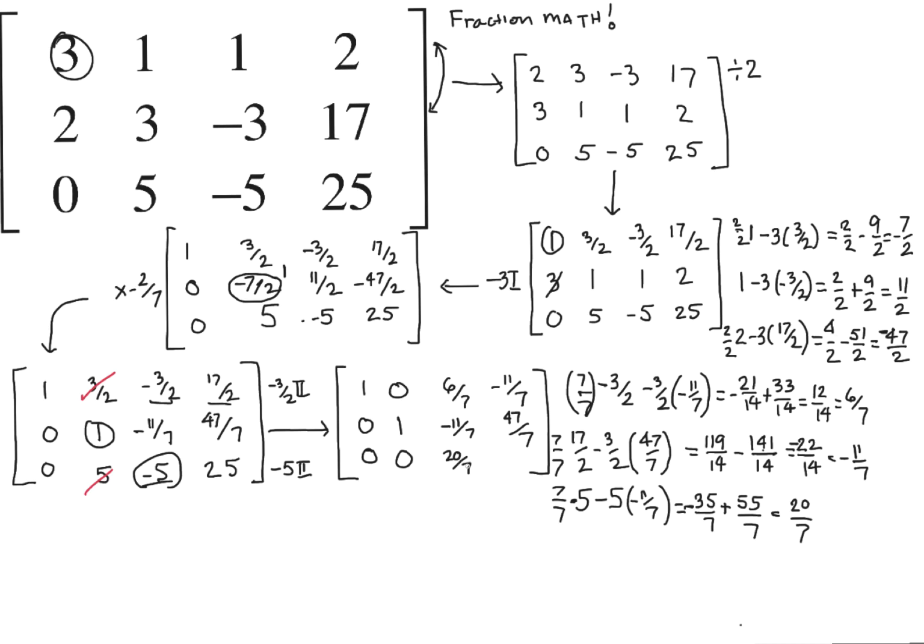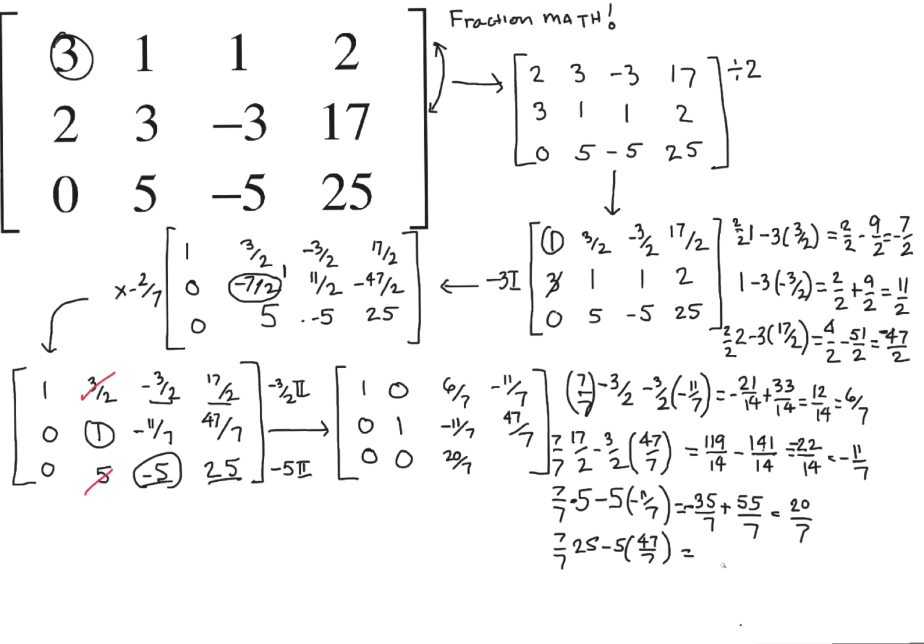Okay, and finally, the last one is we've got 25. So we see 25 minus 5 times row 2. That's 47 over 7. Once again, we multiply this by 7 over 7.